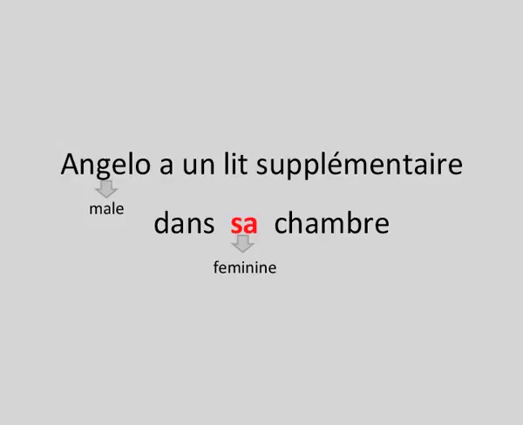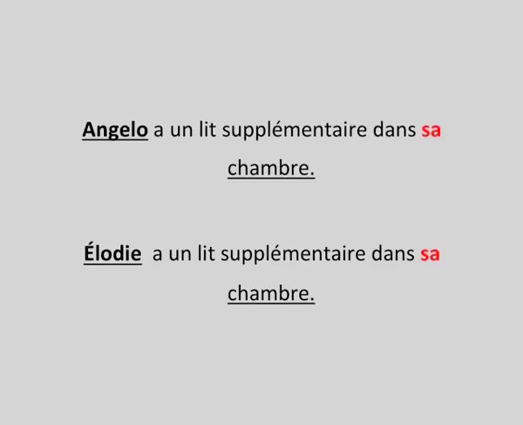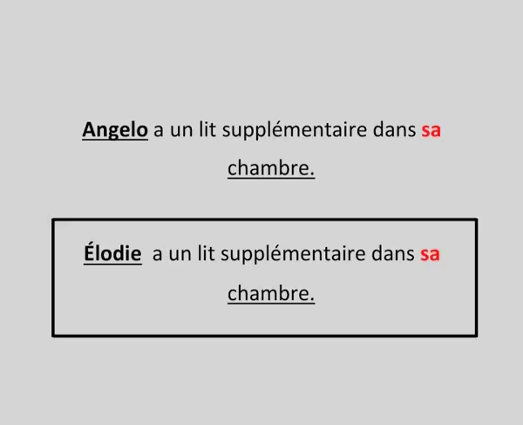Although Angelo is a male, the possessive adjective is feminine, sa. This is because the possessive adjective modifies the noun chambre, which is a feminine noun. Even if we replace Angelo with Elodie, which is a common female name in French, the possessive adjective would remain unchanged. Elodie a un lit supplémentaire dans sa chambre.